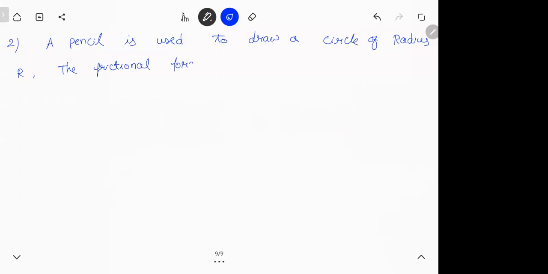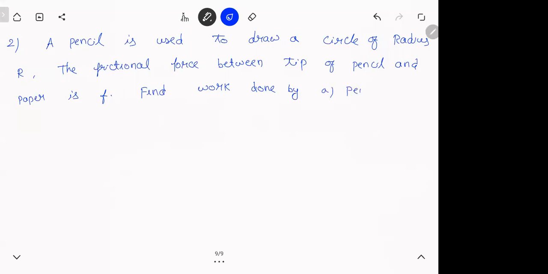The frictional force between the tip of the pencil and paper is F. Find work done by pencil on paper, paper on pencil.